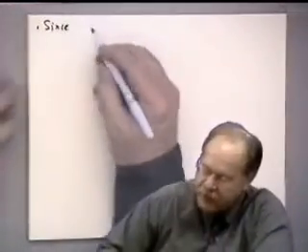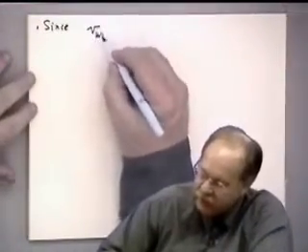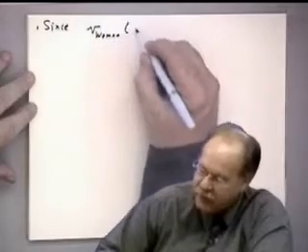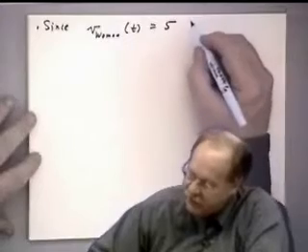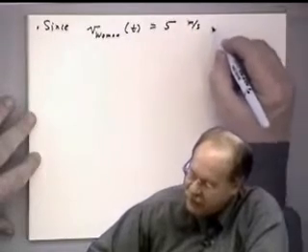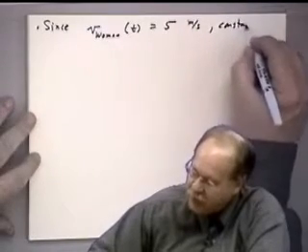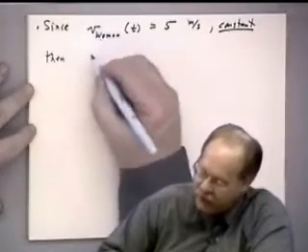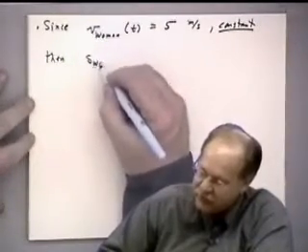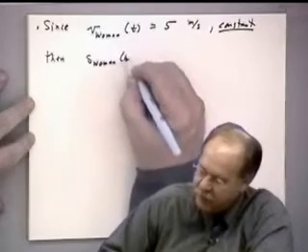Well, let's see. Since we know that the velocity of the woman at time t is 5 for all t, that is to say 5 meters per second, it is constant no matter what time it is. We don't actually have to use calculus at all to find the position function for the woman.